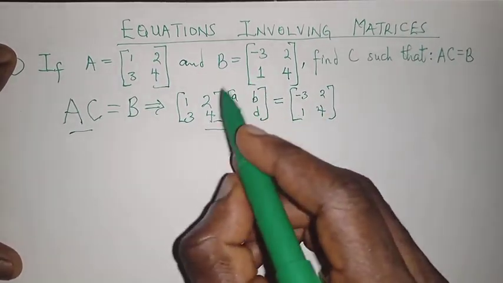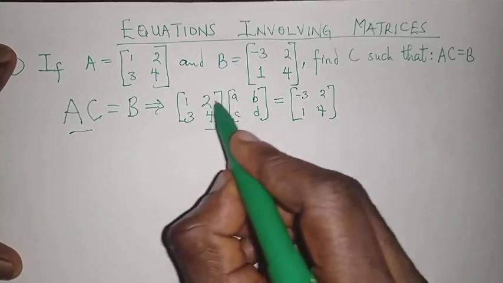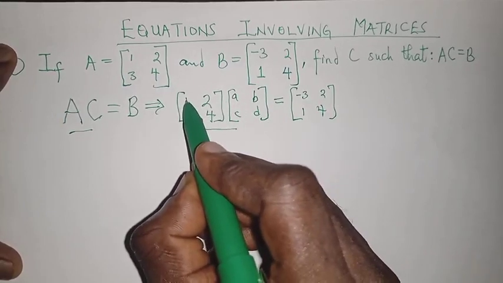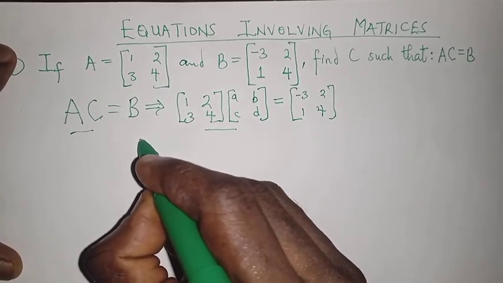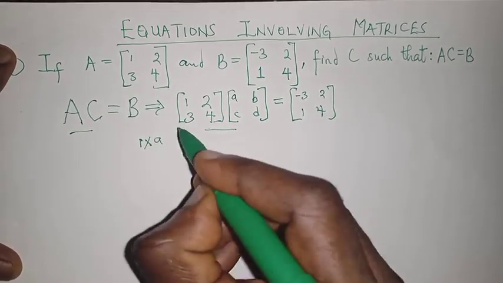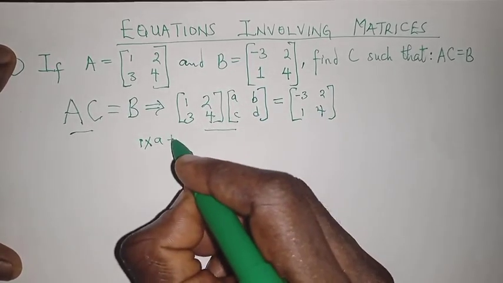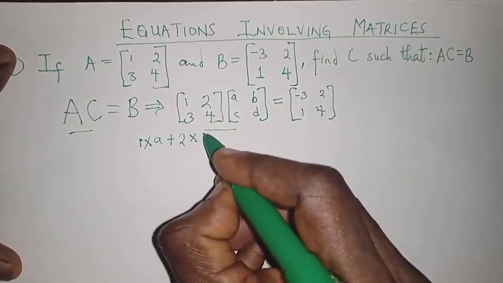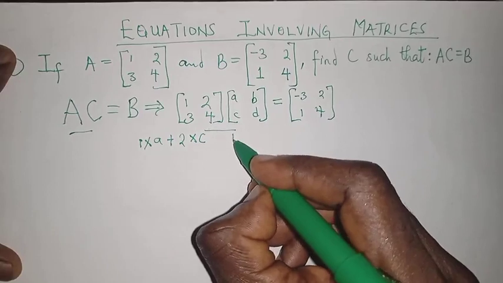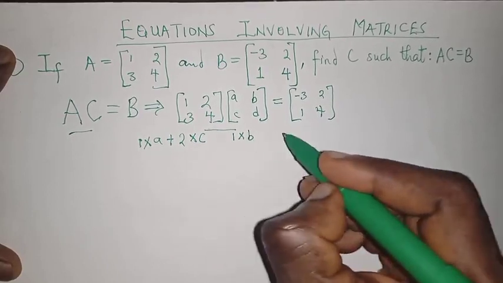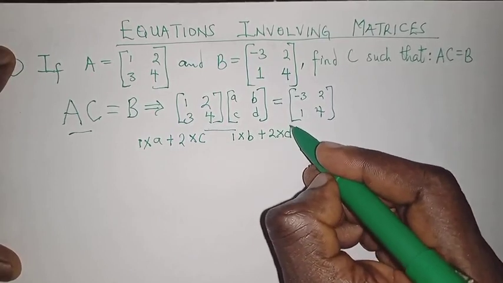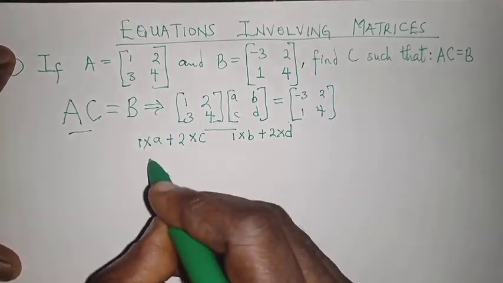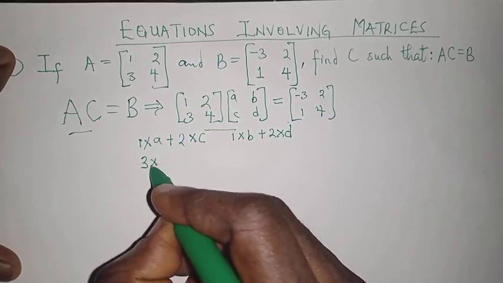So now I'm going to quickly multiply because this depicts multiplication. Remember what we learned in our multiplication of matrices. You multiply this way: 1 times A plus 2 times C. Then we have 1 times B plus 2 times D. If you've not seen the video on multiplication, please check the playlist.